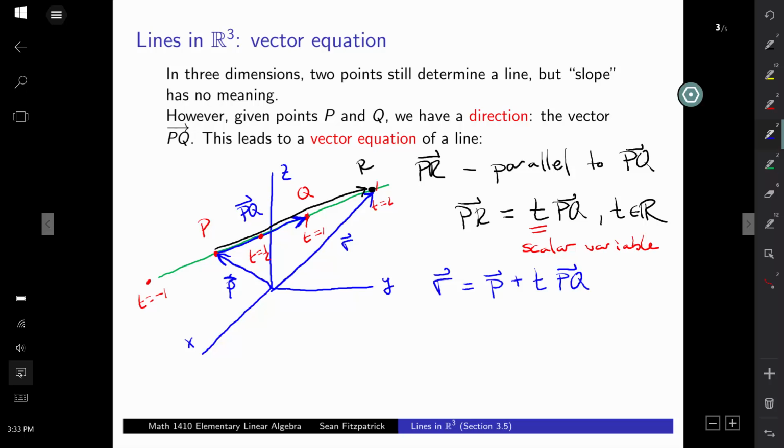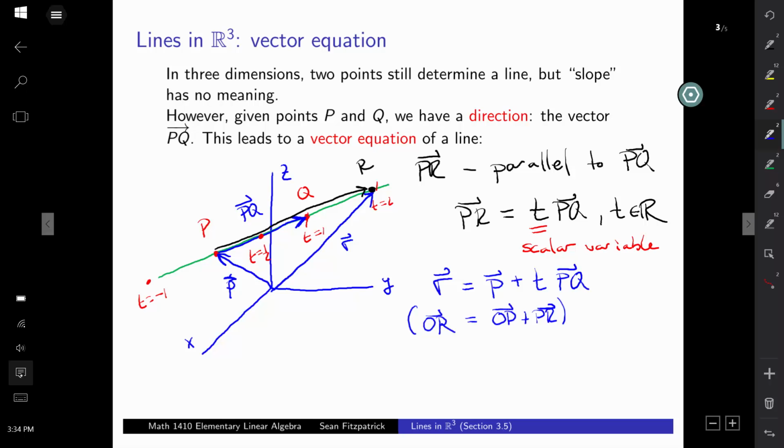Adding P to this vector PR gets me to the vector R. So all we're really saying here is that the vector from the origin to R is like going from the origin to P and then going from P to R. That's all that we're doing here, but we have a particular way of describing this vector PR.